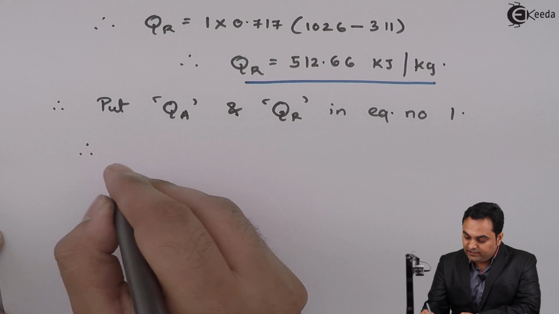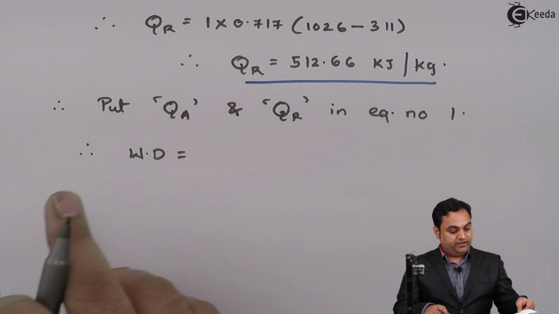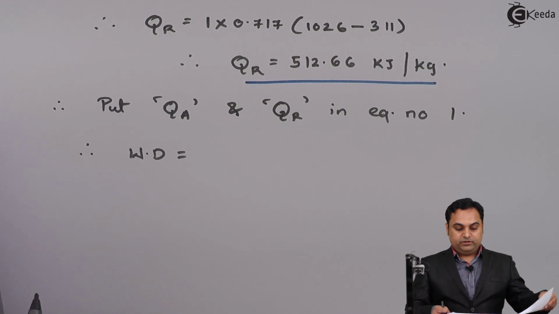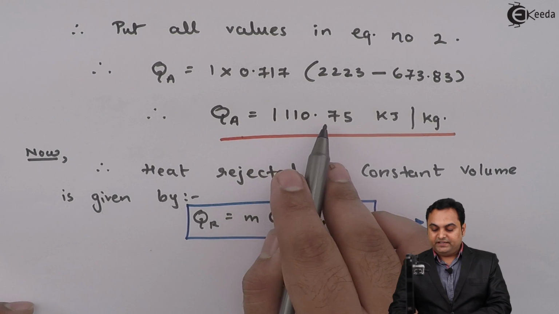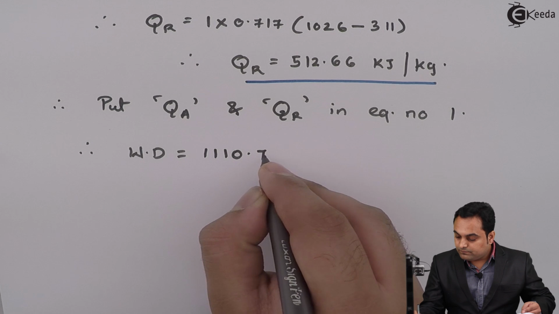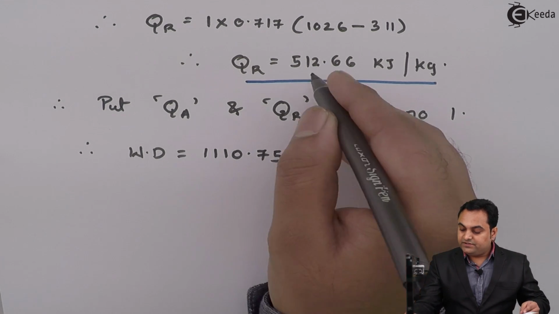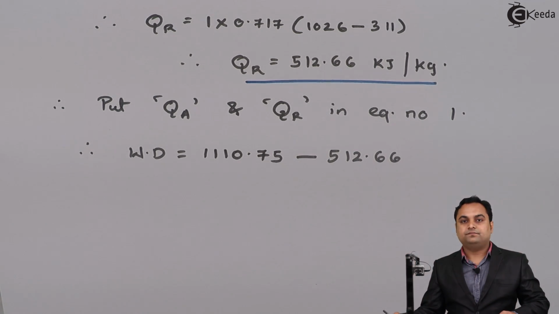So work done is equal to QA value, it was 1110.75 minus heat rejected is 512.66.